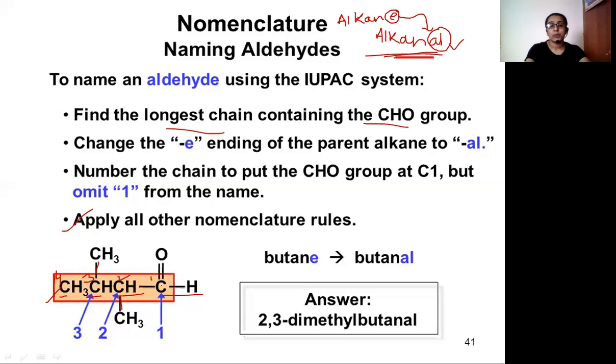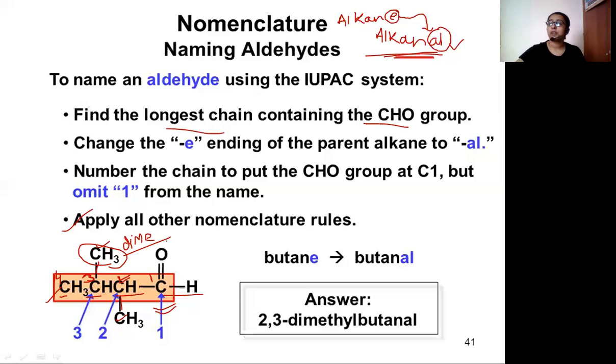As I said, numbering should always start from the aldehydic group, which should always get number 1. At the second position and at the third position, there are substituents, and that substituent is a methyl group. At second also there is methyl, at third also there is methyl. So it is dimethyl.